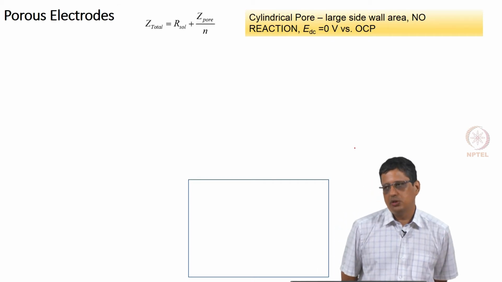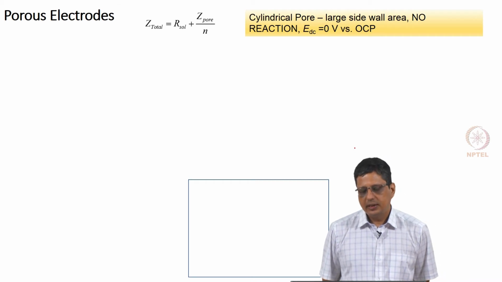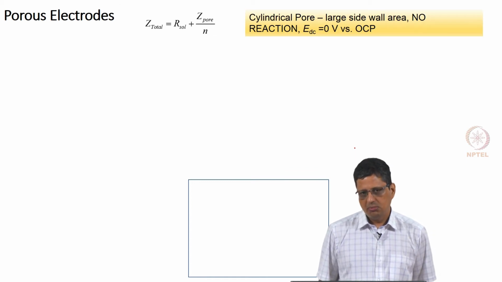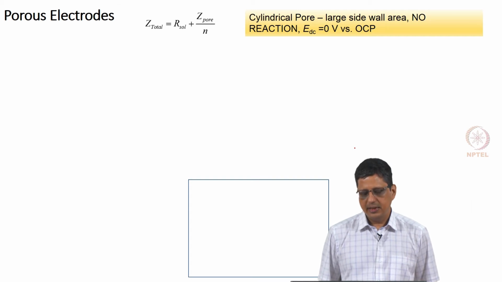If I take n pores in parallel, the net impedance is going to be given by Z pore by n. I have to add the admittances to get the net admittance and then invert it to get the net impedance.